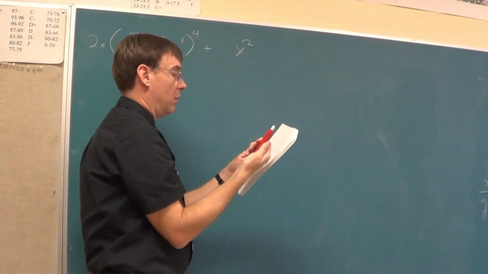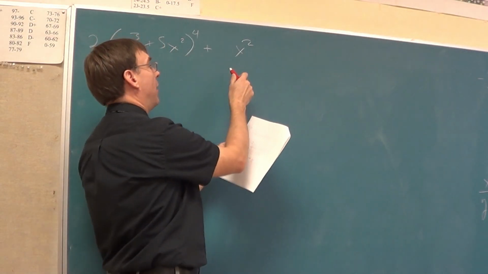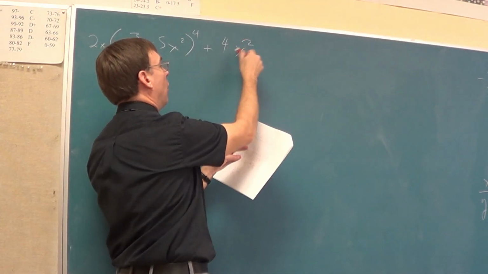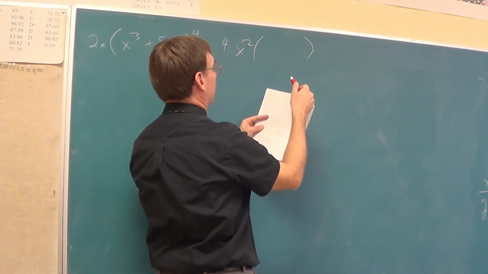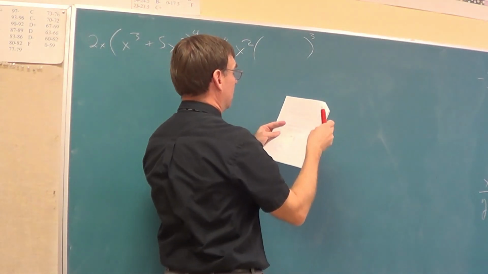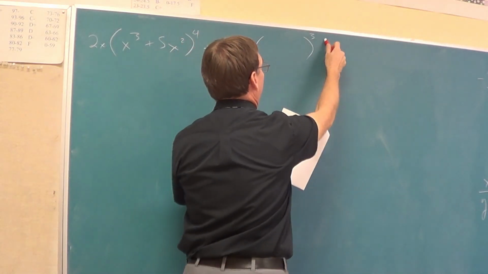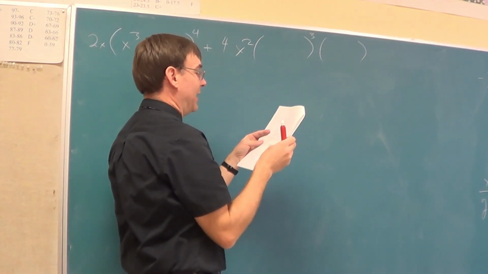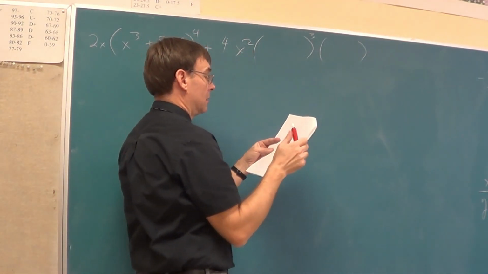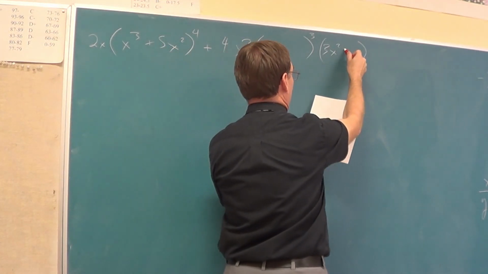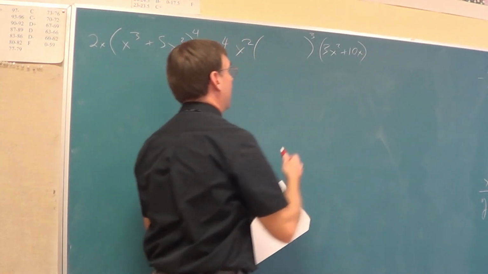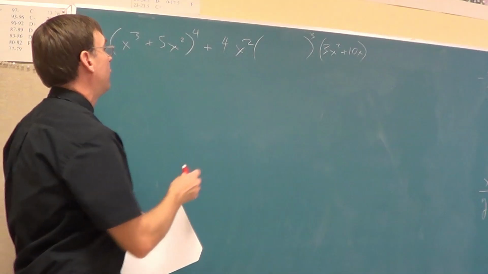We'll have to do the chain rule. How are we going to do derivative of that fourth power? Four stuff cubed, and then also in the mix, the derivative from inside the parentheses, 3x squared plus 10x. Agreed. And that's a good strong first move.